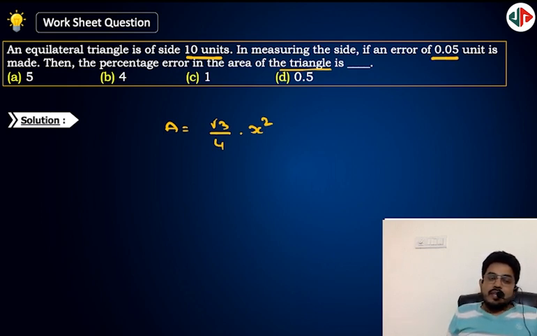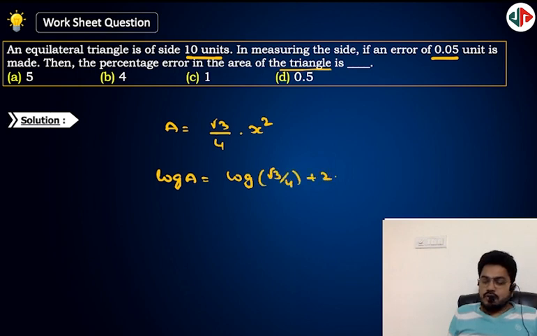So take log A is equal to log of root 3 by 4 plus 2 log x. So delta A by A into 100, this is constant, is 2 into delta x by x into 100.